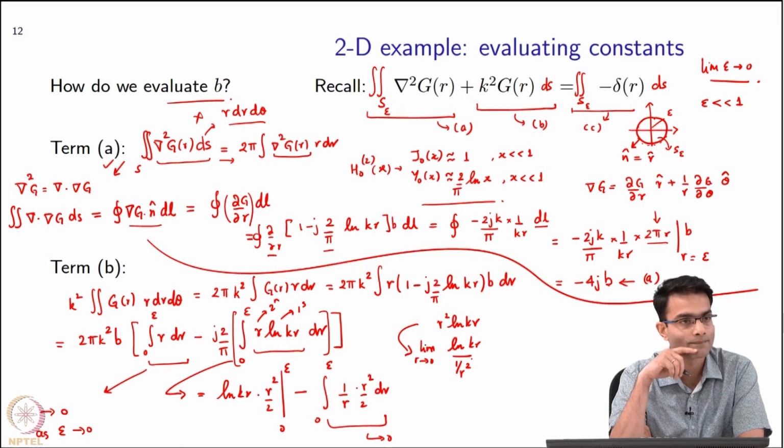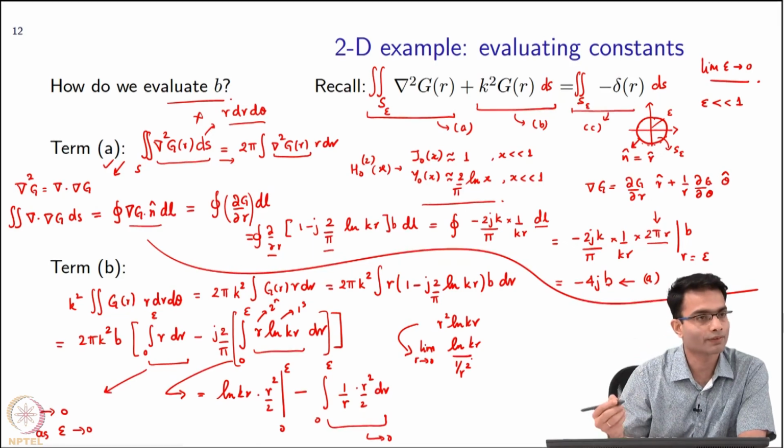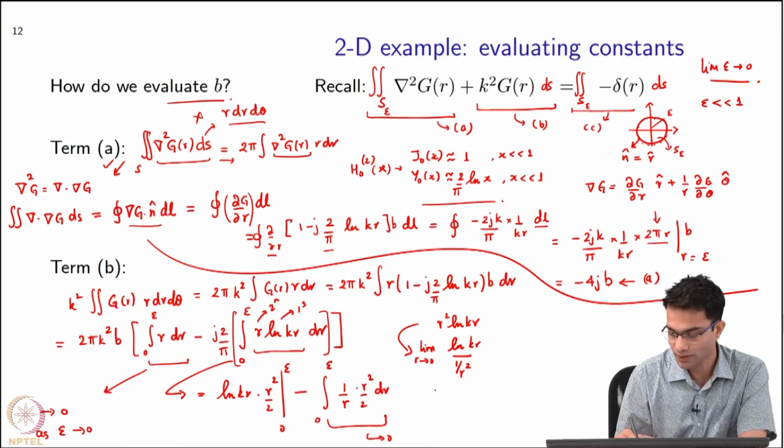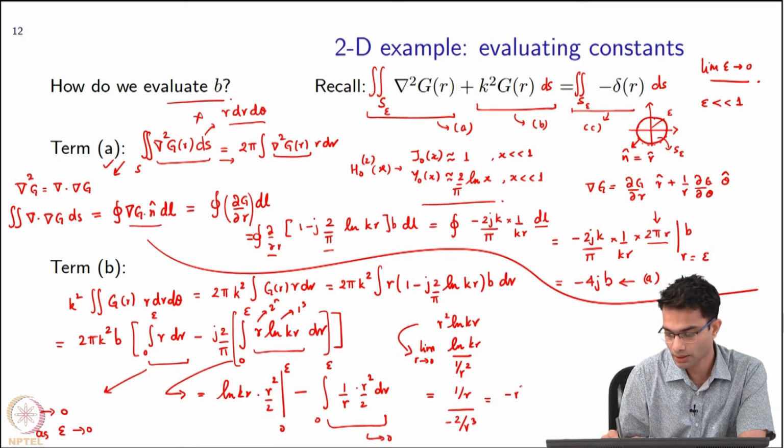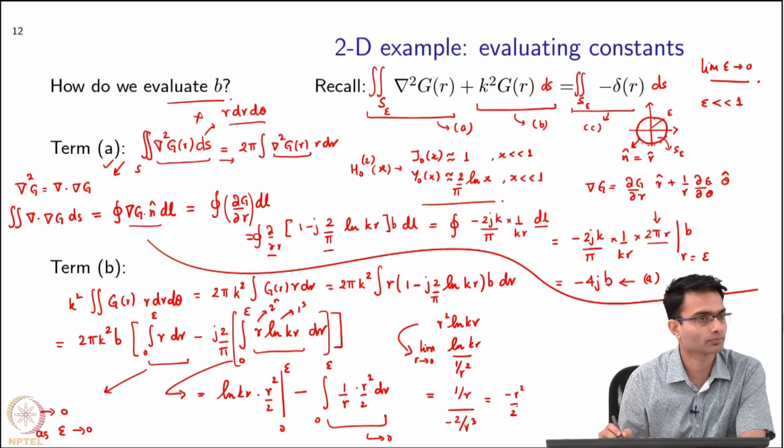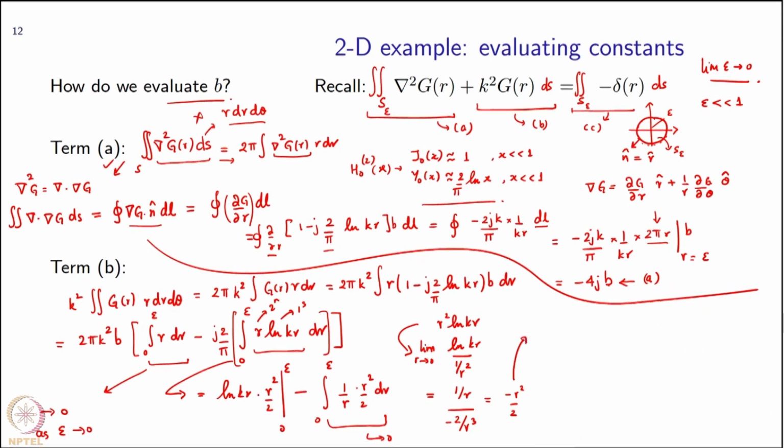Taking the derivative of each term, the first becomes 1 by r, and the term in the bottom becomes minus 2 by r cubed, which is equal to minus r squared by 2. So what is its limit as r tends to 0? It is 0, and at epsilon it will be minus epsilon squared by 2.